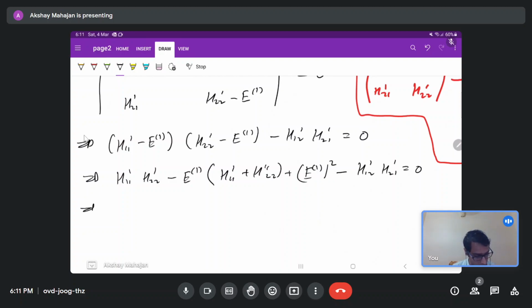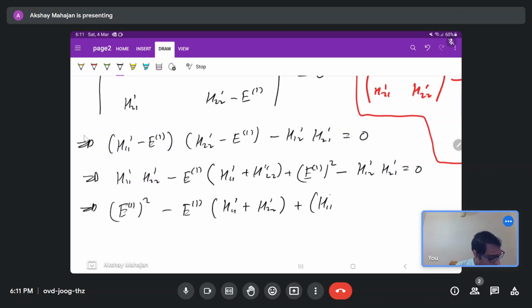So basically you will get this kind of a quadratic equation, h11 prime plus h22 prime, h11 prime h22 prime minus h21 prime h12 prime equals 0.